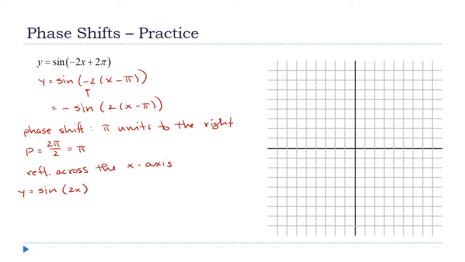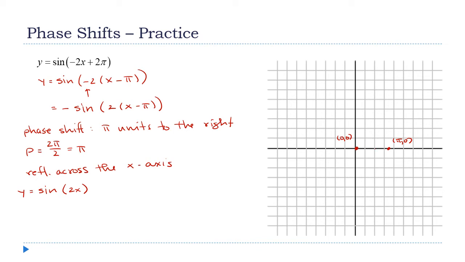My period here is pi. So I'm going to start at 0. Then I'm going to go over pi. And that's where it's going to be at 0 again. All right, so that is (pi, 0) and (0, 0).